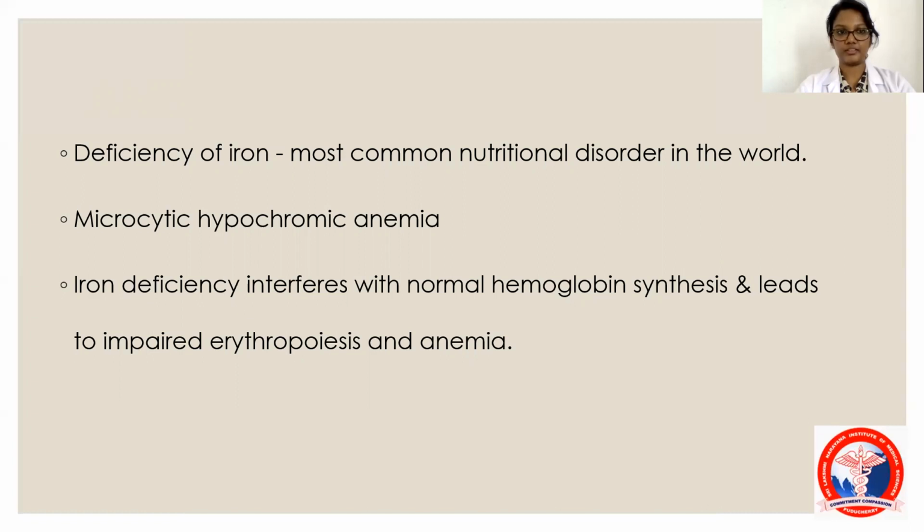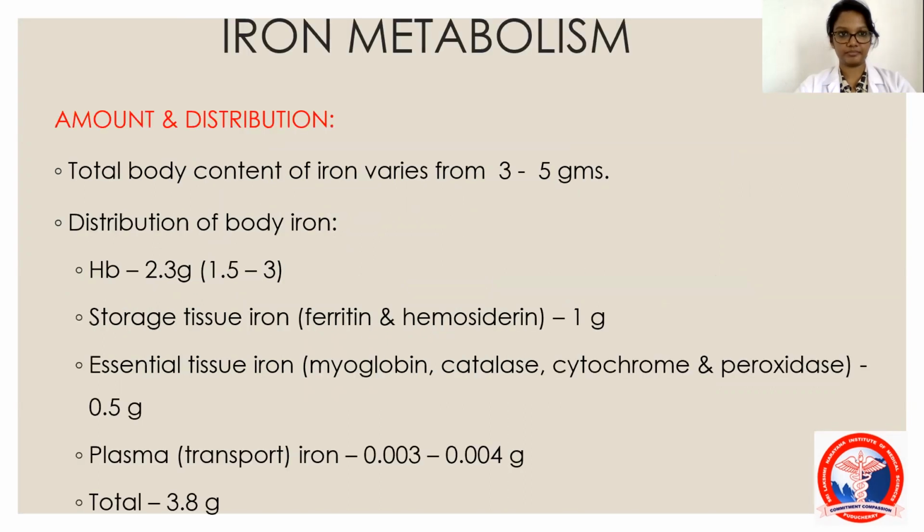It's also seen in developed countries, among young children and also in pregnant women. That's mostly what's seen in developed countries, whereas the prevalence is very high in developing countries. The morphology of iron deficiency anemia is a microcytic hypochromic anemia. Iron deficiency interferes with normal hemoglobin synthesis and therefore leads to impaired erythropoiesis and anemia.